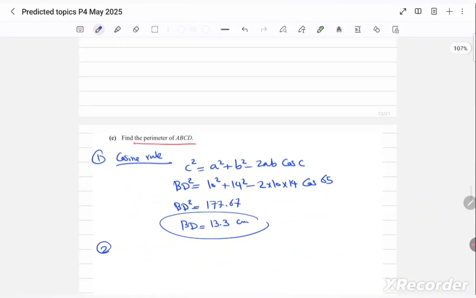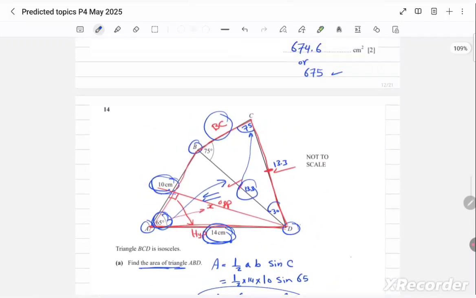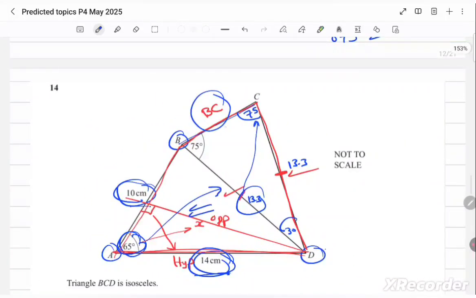So 13.3 divided by sine 75 equals the side you need, BC, divided by sine 30.